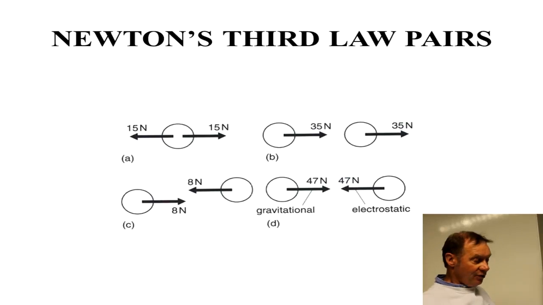Slide C, although they are both in opposite directions and on separate bodies, they're not acting in the same line, so that is not a Newton's third law pair. And finally, slide D, there is 47 newtons of gravitational force and 47 newtons of electrostatic force, different types of force, so that is not a Newton's third law pair of forces.